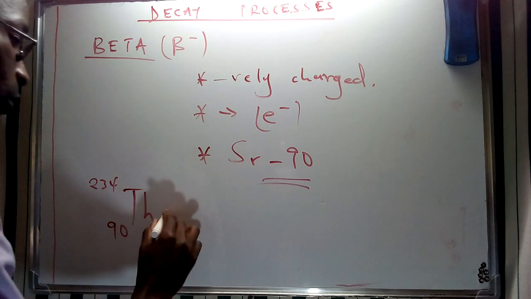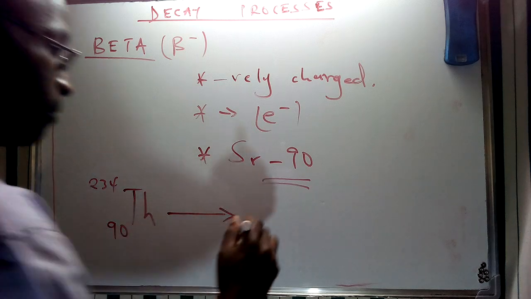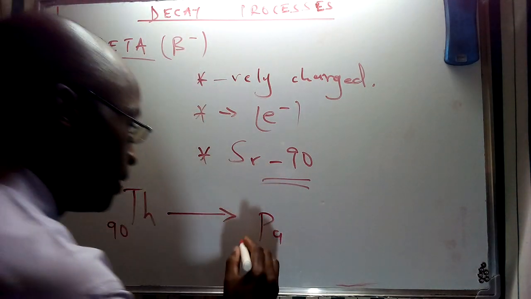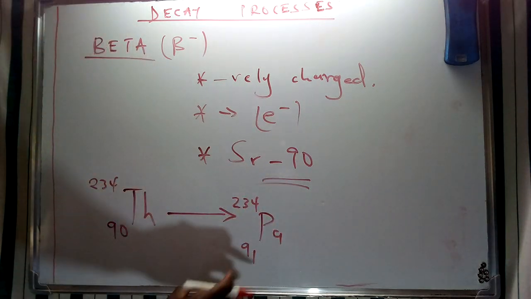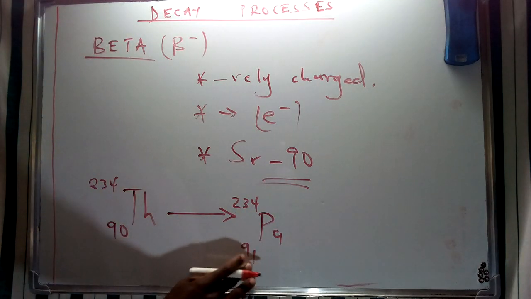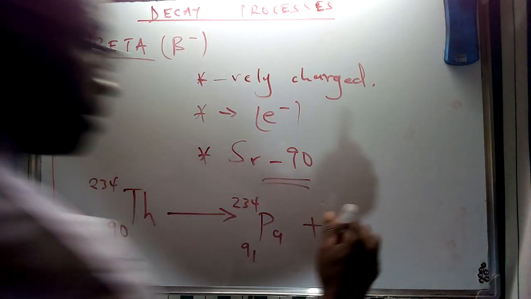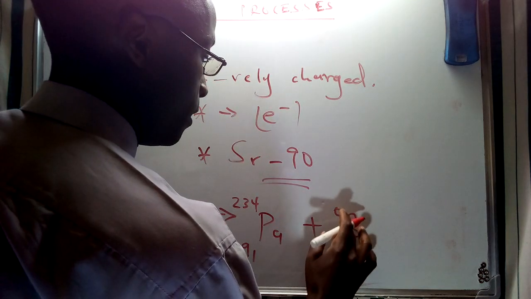In this case it undergoes beta decay, and we have a product nuclide with 91 and 234. So there's a change of the atomic number from 90 to 91, and this results in this product with the beta particle given as such.